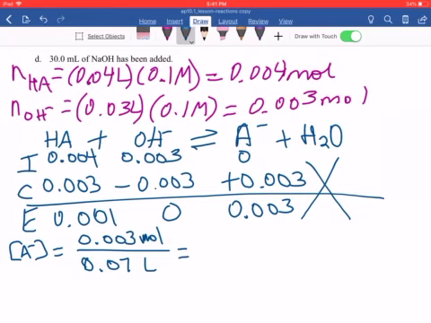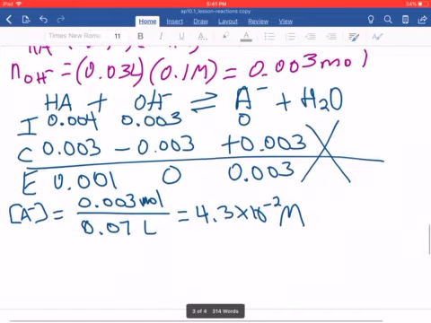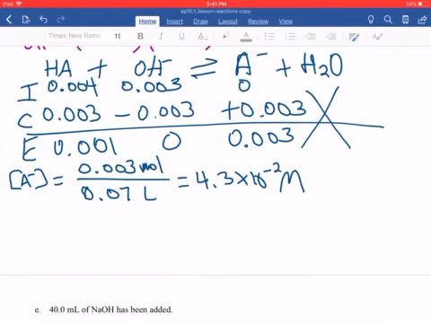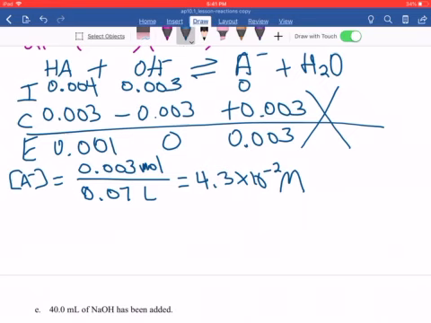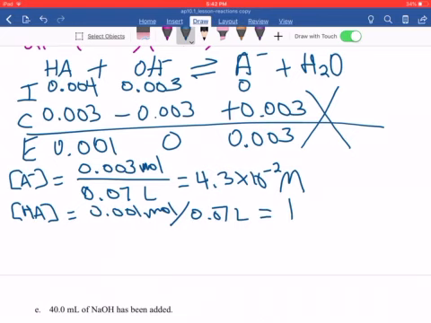So 0.003 divided by 0.07 is 4.3 times 10 to the negative 2 molarity. And for acetic acid, HC2H3O2, we have 0.001 moles divided by 0.07 liters, and when you divide those two, you end up with 1.4 times 10 to the negative 2 molarity.